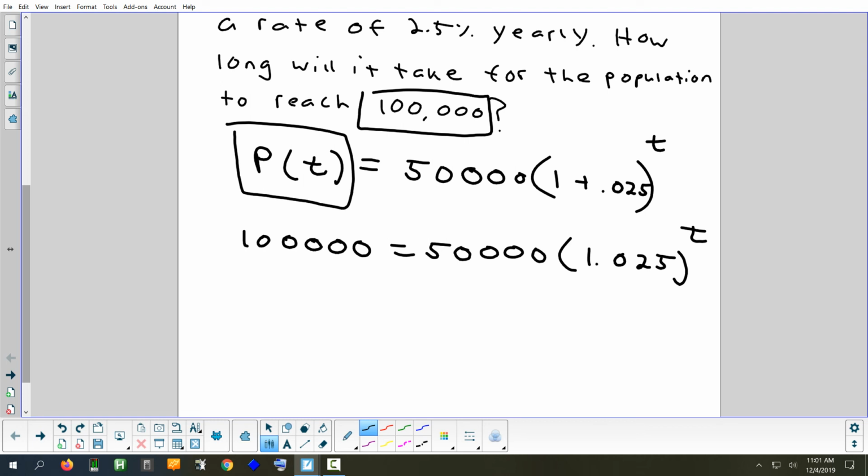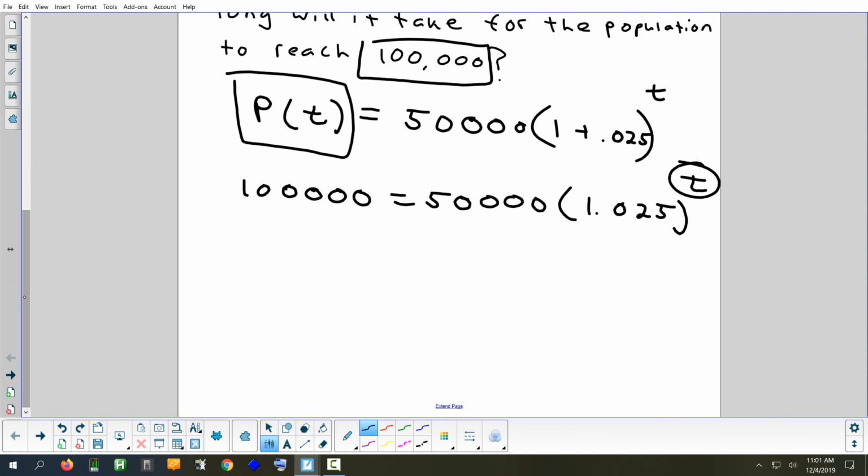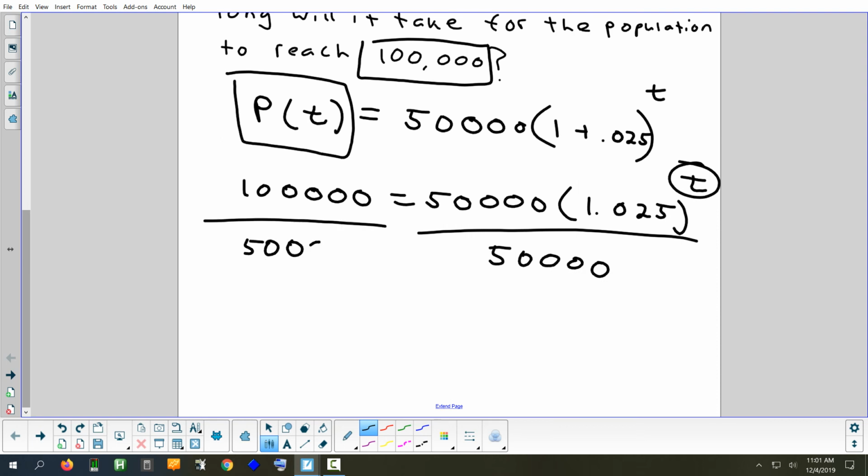So the goal is to get t by itself. Does anyone see one thing I could do on both sides to start to get some stuff away from the t? Yeah, you can divide each side by 50,000. That doesn't quite do it, but it's close. That's gone. 100,000 divided by 50,000 is 2.